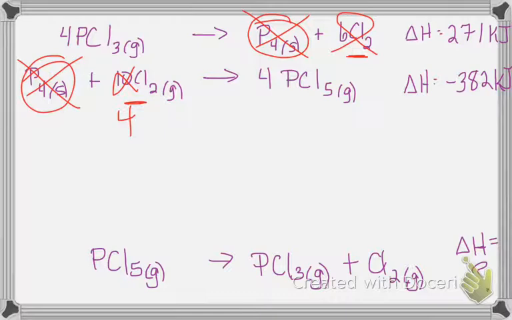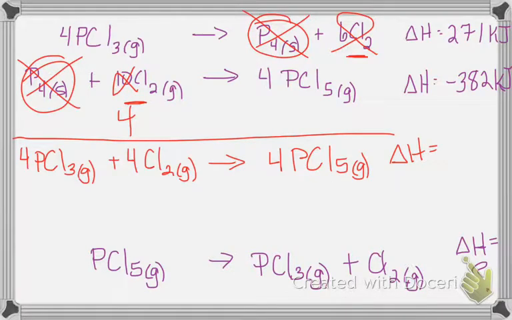All right, go ahead and write down what's left. You don't have all 4s. Yeah, so that's what we've got left. How do I come up with a delta H? I simply, go ahead. Do we have to get rid of the 4s before we add?